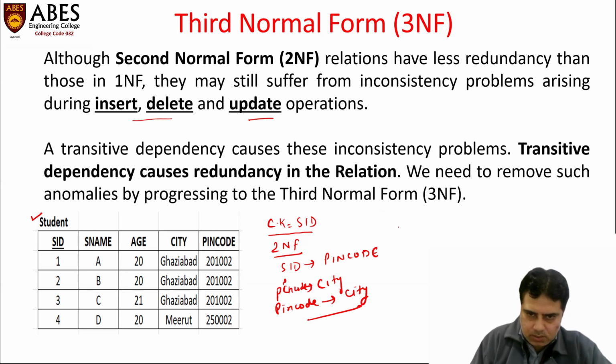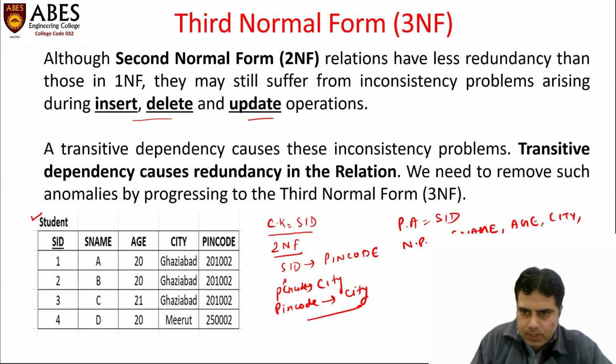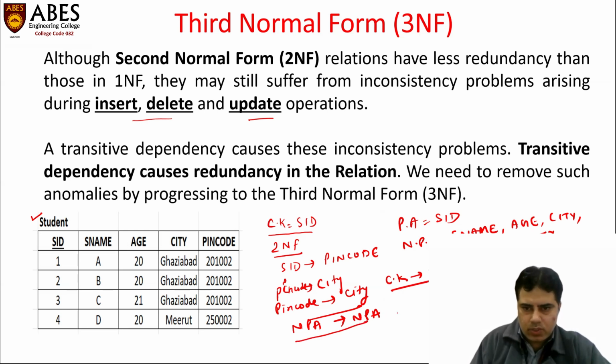So here the prime attribute is student ID and non-prime attributes are student name, age, city and pin code. As we can see, the candidate key determines a non-prime attribute, which is valid, but a non-prime attribute determining a non-prime attribute is a transitive dependency.